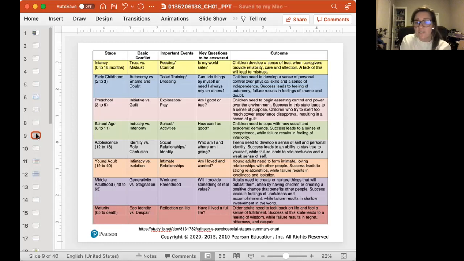So adults need to create or nurture things that will outlast them, kind of like a legacy, often by having children or creating a positive change that benefits other people. Success leads to feelings of usefulness and accomplishment. So I feel like I've generated something good for the world, versus failure results in shallow involvement in the world. And I feel like I didn't do much, and it can cause depression.